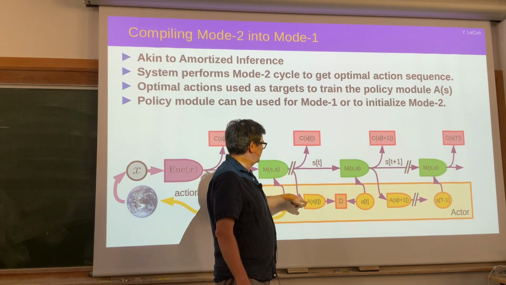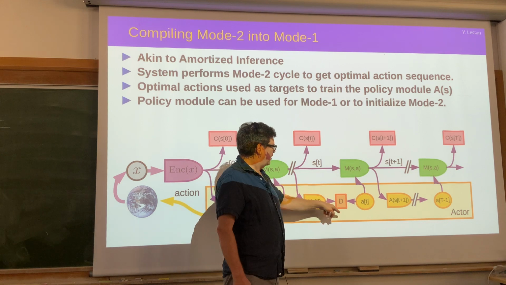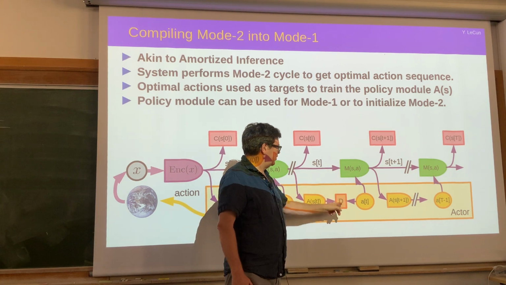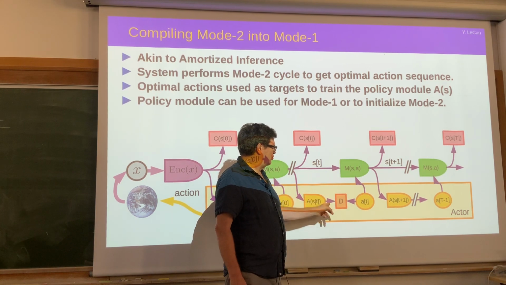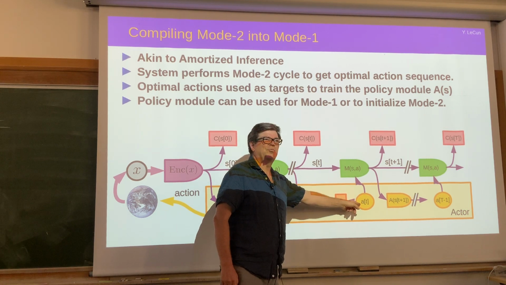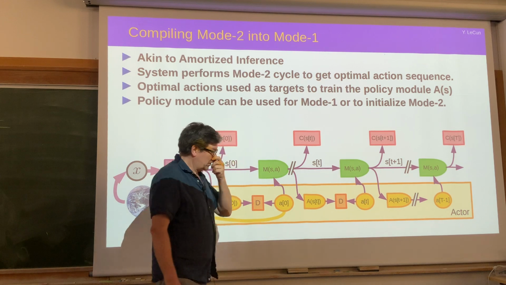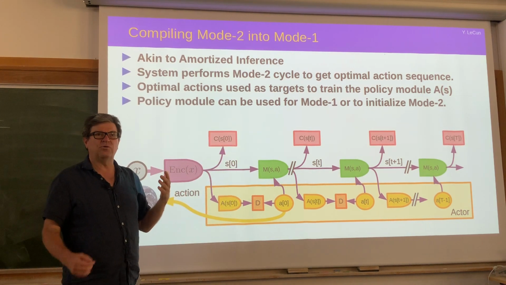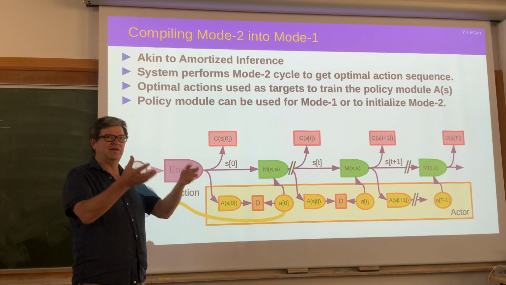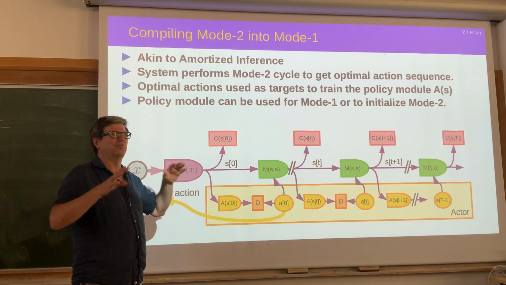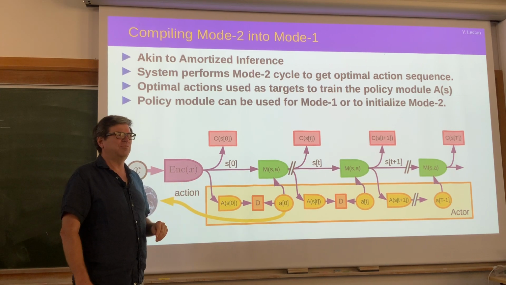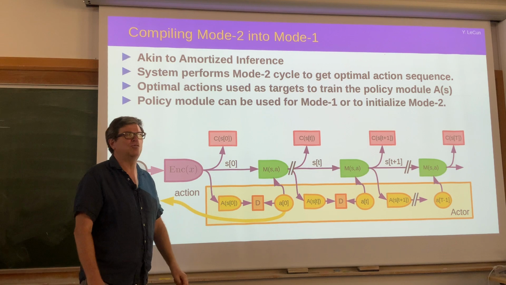Okay, so I take the state, run it through the network, and I train this network to minimize the divergence between whatever action it produces and the optimal action that was obtained through planning. So this is a way of turning what would be a deliberate conscious planning operation into a subconscious automatic reactive behavior.